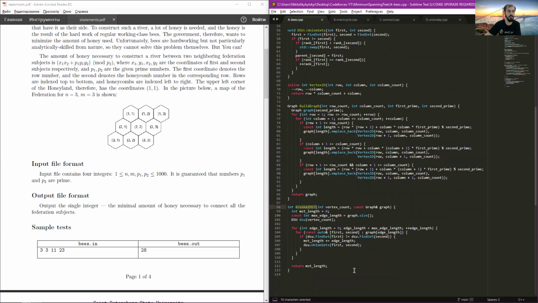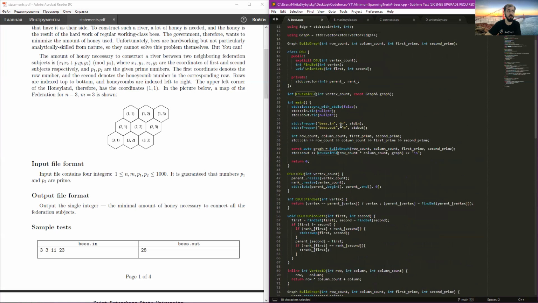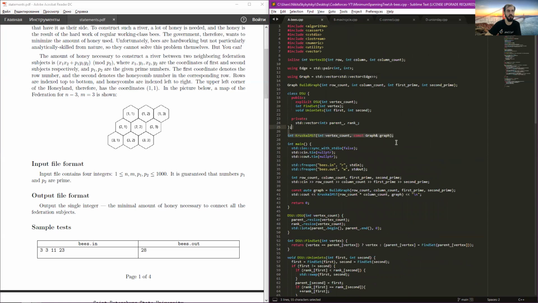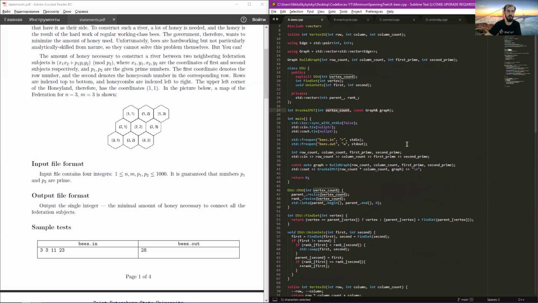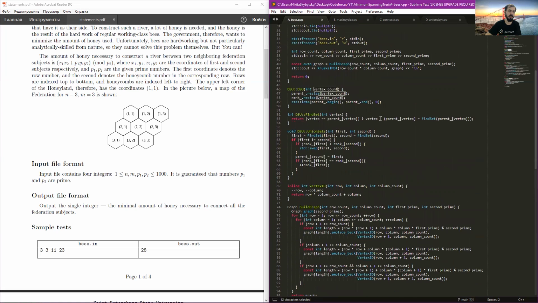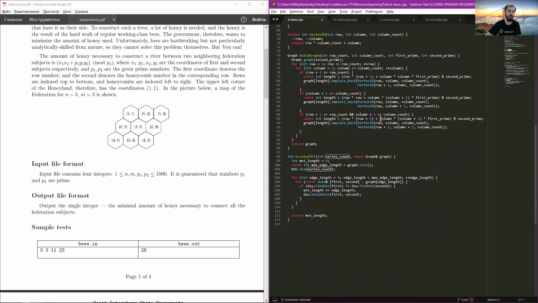And then I have the Kruskal algorithm, and you can see that Kruskal is very short. It takes the graph, and it takes the vertex count, and because I'm very lazy, and I define the graph using common types, which you obviously can define your own graph data structure that will provide access to the vertex count. I did not, so I have to pass it as well.